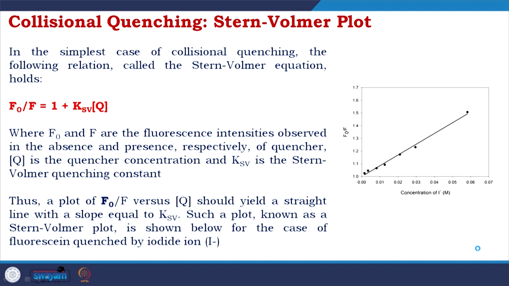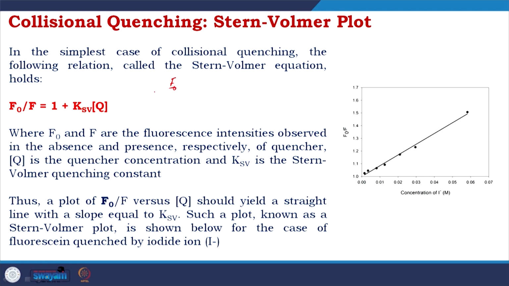So, Stern-Volmer is F0 by F, where F0 and F are the fluorescence intensities observed in the absence and presence of the quencher, equal to 1 plus KSV into Q, where Q is the quencher concentration and KSV is the Stern-Volmer quenching constant.